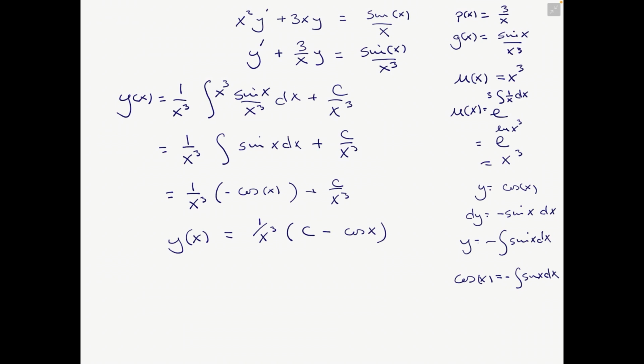And let's just check in the back. Yep, that's the exact form, how they got it.